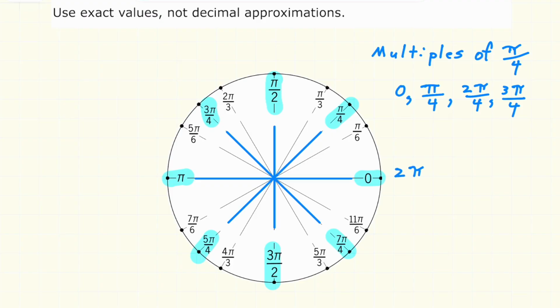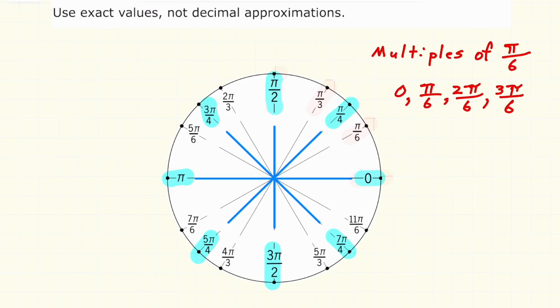So the multiples of pi fourths give us many of the special angles, and we would also have the multiples of pi sixths. 0 times pi sixths is 0. 1 times pi sixths is pi sixths. 2 times pi sixths would reduce to pi thirds. Continuing, 3 times pi sixths simplifies to pi halves.